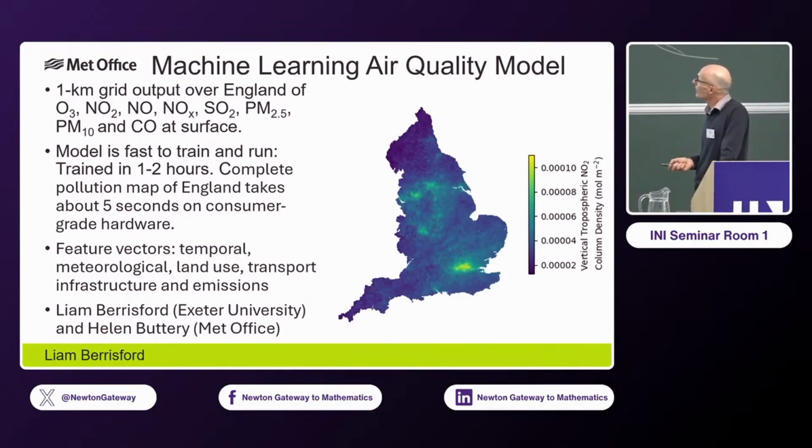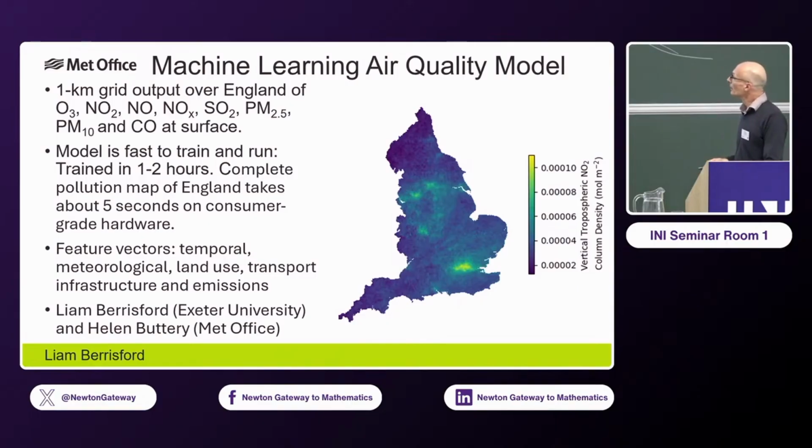So the next example I'm going to look at is using machine learning for air quality modeling. There are two different aspects of air quality modeling. First is to look at whether machine learning can improve emissions. This particular machine learning model used the observations to populate a 1 kilometre grid output over England, for these species: ozone, nitrogen oxides, sulfur dioxide, and particulates.